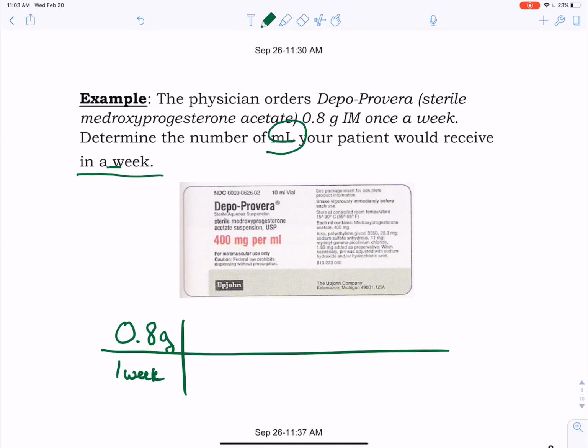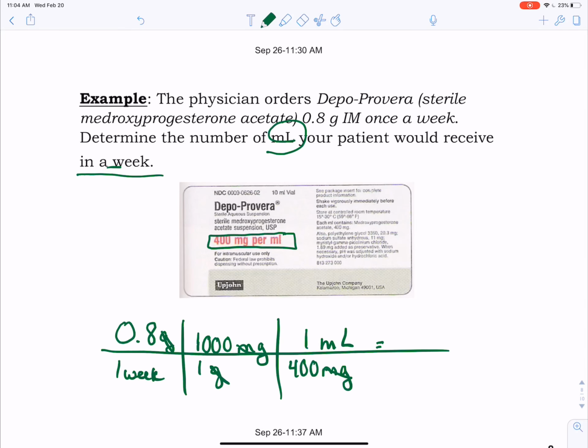So I don't need to change the denominator, but I do need to go from grams to milliliters. If I look at the drug strength, it's 400 milligrams per milliliter. So I first need to go from grams to milligrams. I know in 1 gram, there's 1,000 milligrams. Then I can use that drug strength. I know 400 milligrams goes in the denominator, so I can get them to cancel out. And per milliliter means per 1 milliliter.